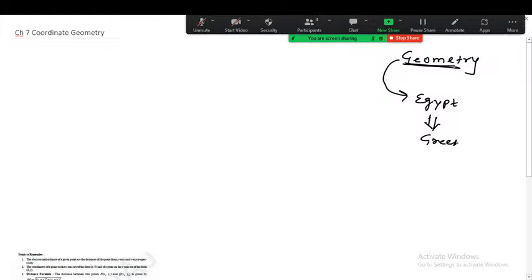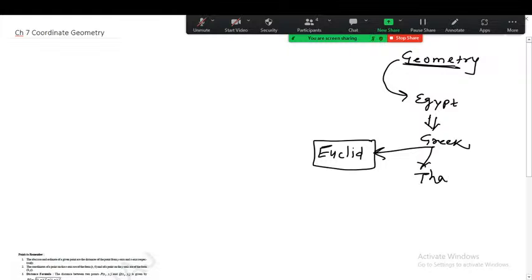Earlier, there was only geometry, and we were discussing only geometrical problems. In geometry, many mathematicians were involved; it originated from Egypt, then developed in Greece. There were many mathematicians who worked a lot in geometry. One of them is Euclid, you must be aware of this.